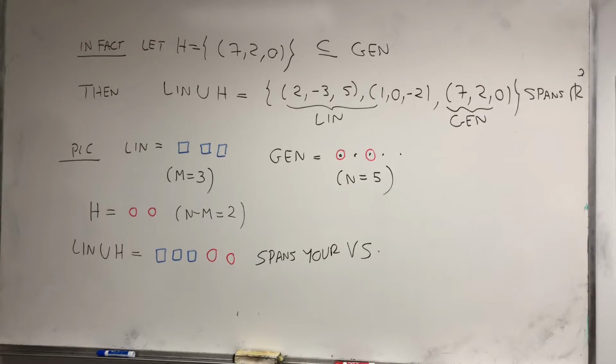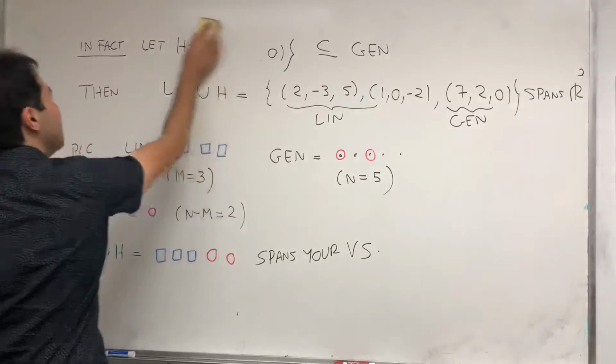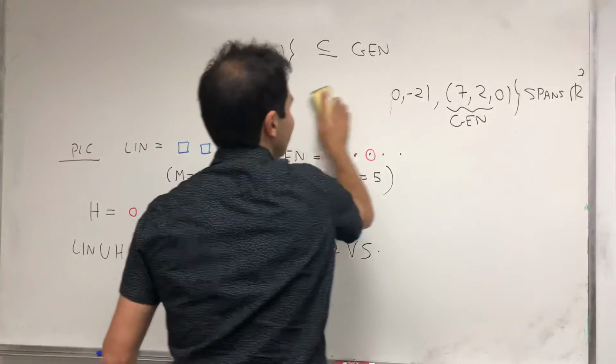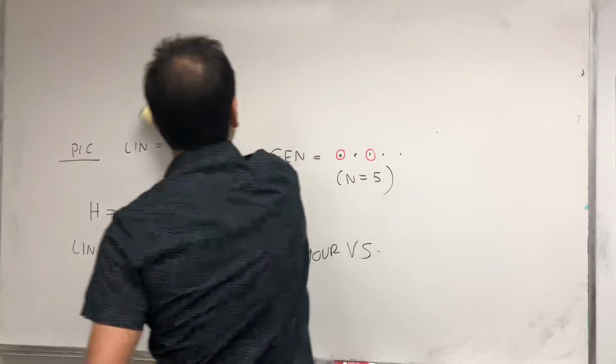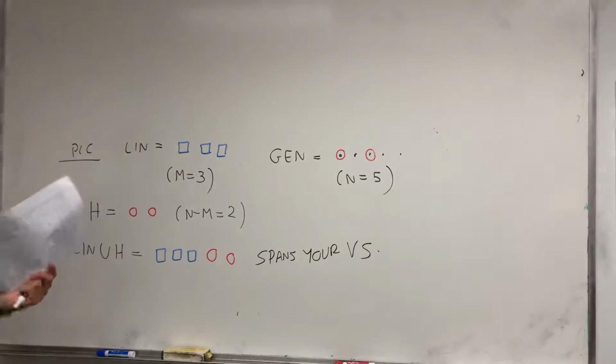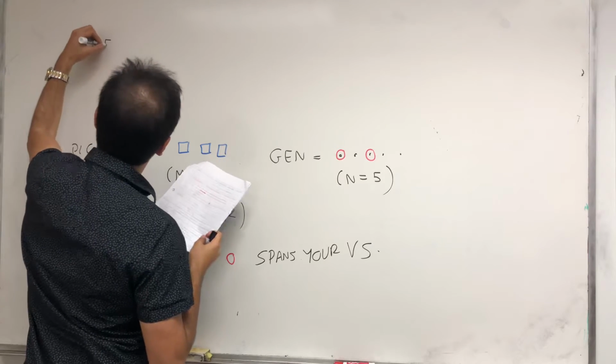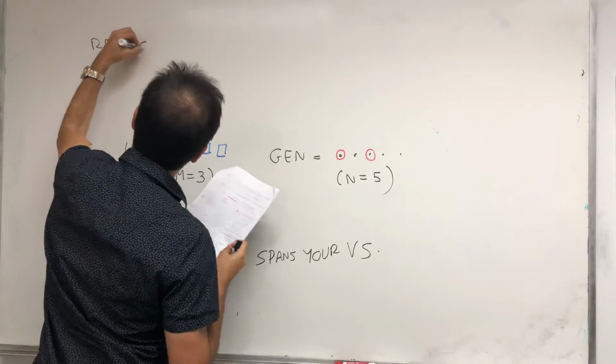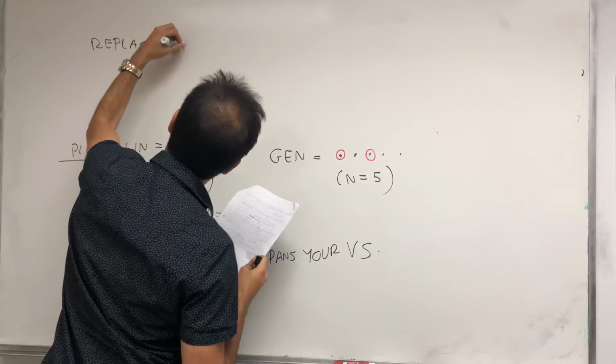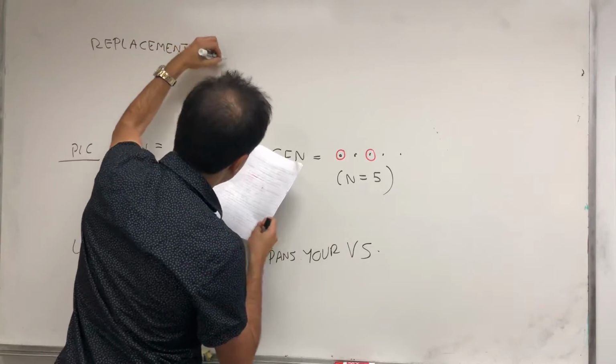Okay, and now let me state the theorem. I know lots of motivation, but it's very important. So without further ado, the replacement theorem, or what I like to call the extension theorem, because you're just extending. Theorem.